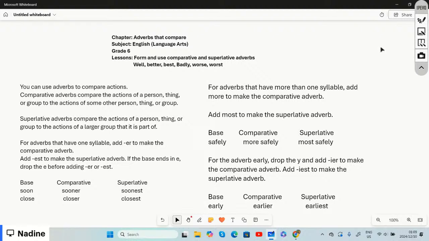And when it comes to adverbs that compare, we can use an adverb to compare actions.